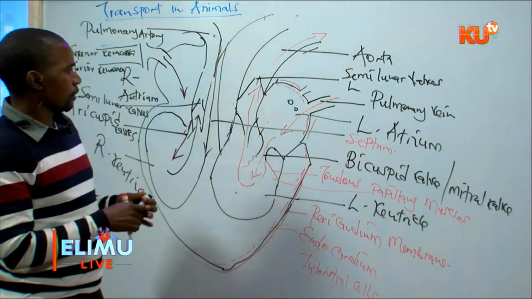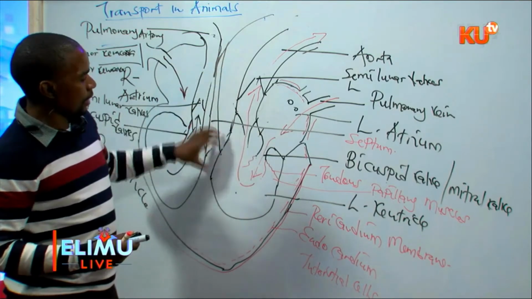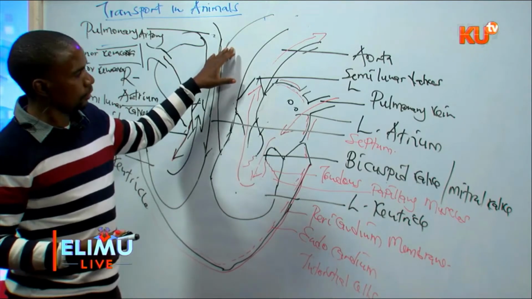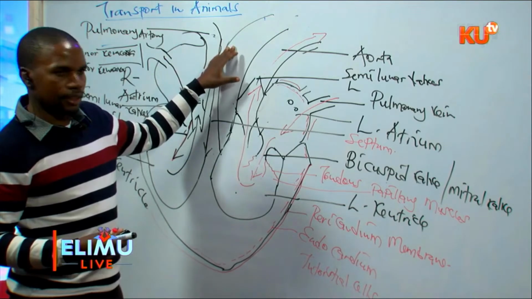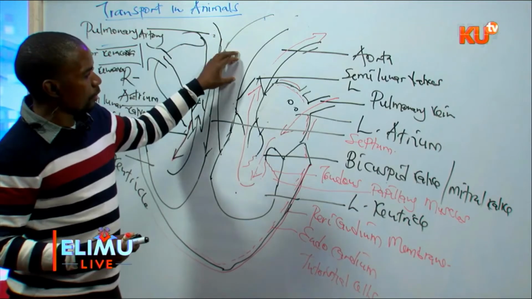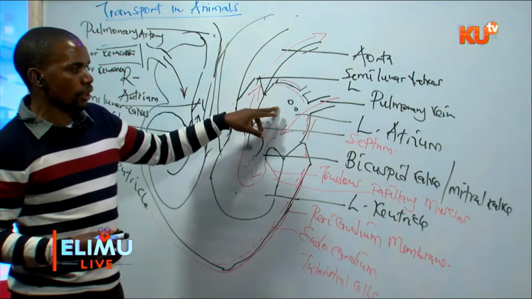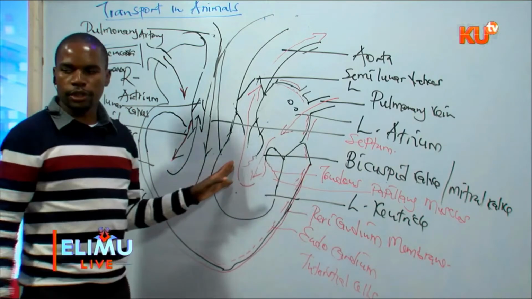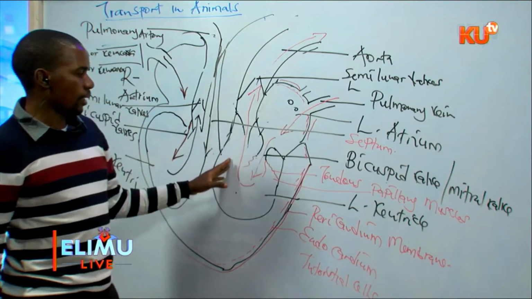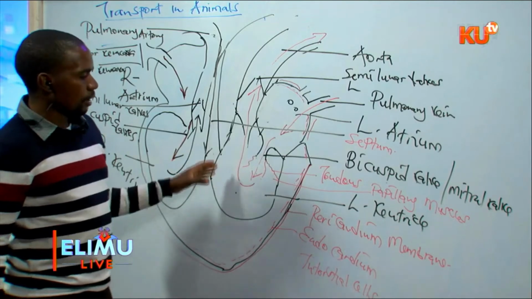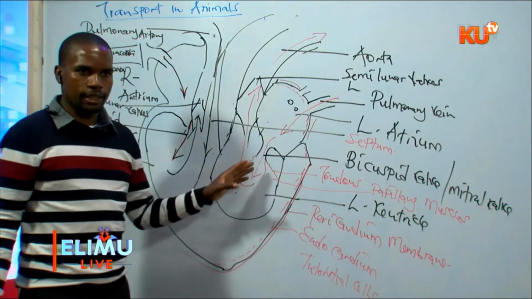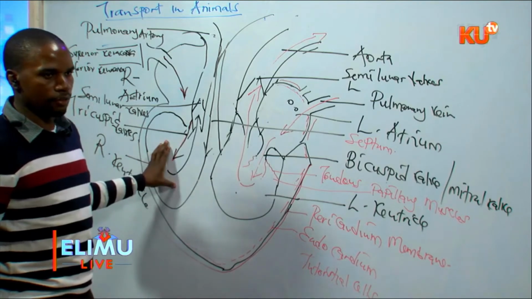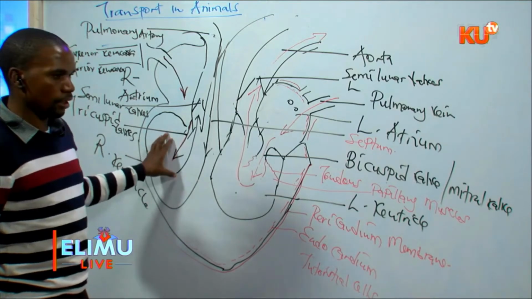The heart itself is pumping blood to the lungs. From the lungs, after purification, blood is brought in through the pulmonary vein. But we have two chambers of the heart, the left and the right. The left side of the heart has oxygenated blood. The right side of the heart has deoxygenated blood.